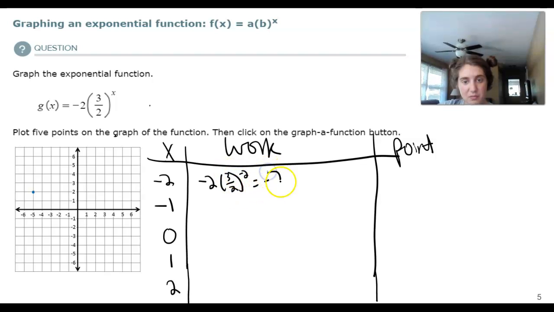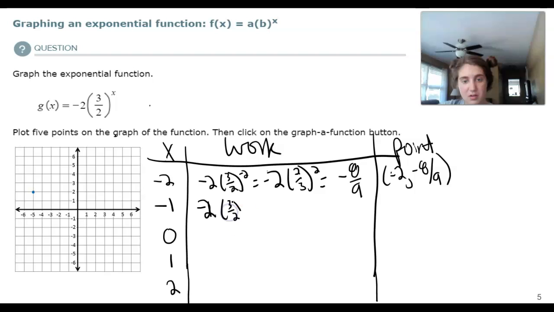This would become -8/9, so it's the point -2, -8/9. A -1.